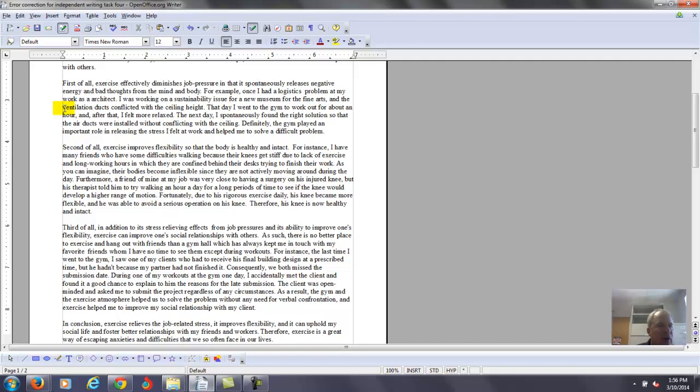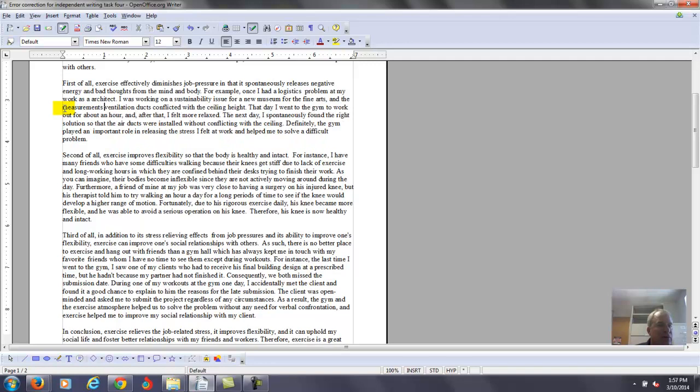That day I went to the gym to work out for an hour, and after that I felt more relaxed. The next day I found the right solution so that the air ducts were installed without conflicting with the ceiling. Definitely, the gym played an important role in releasing the stress I felt at work and helped me to solve a difficult problem. Second of all, exercise improves flexibility so that the body is healthy and intact.